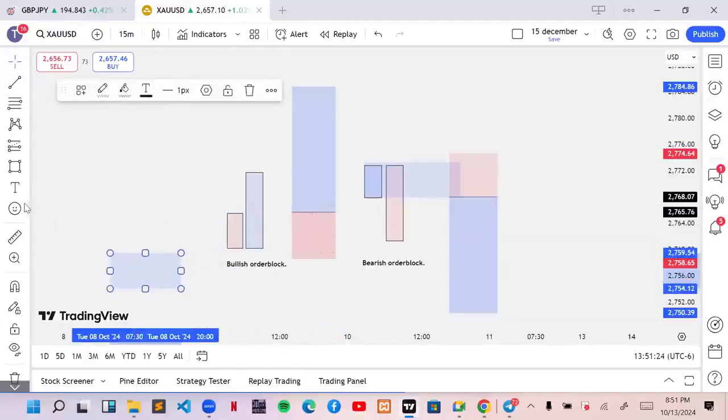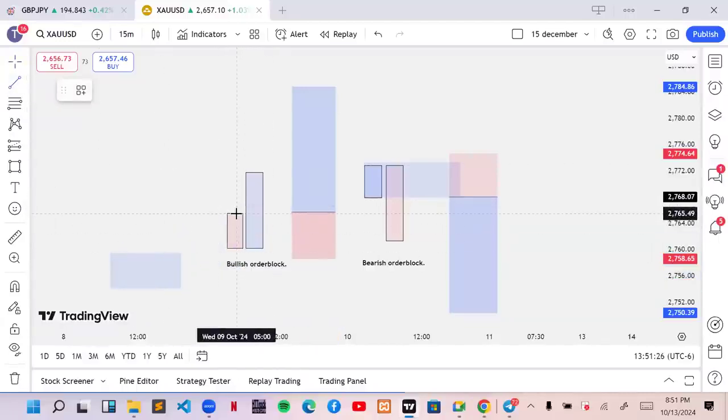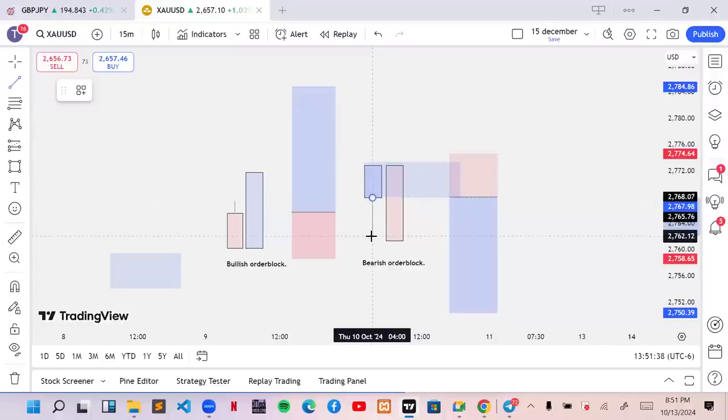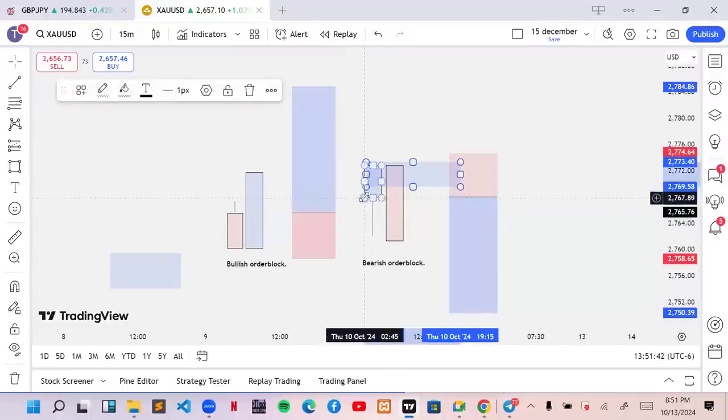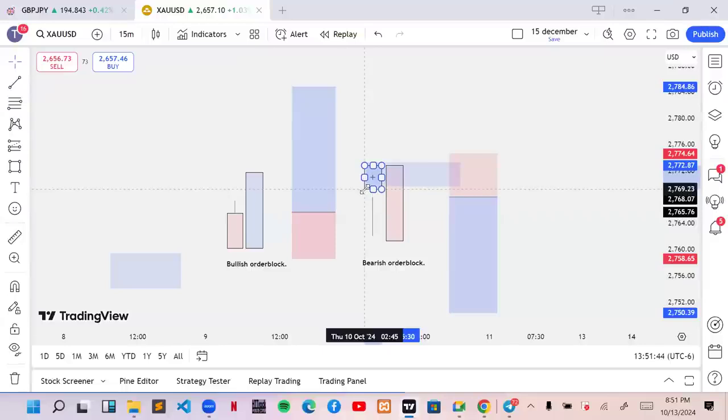For example, if there was a wick here, let's say this is the wick here, something like this, and then this particular one has this kind of wick. This is the candle, then this is the wick.